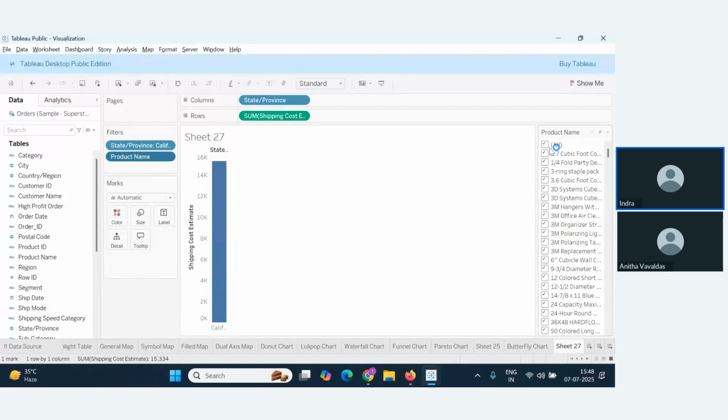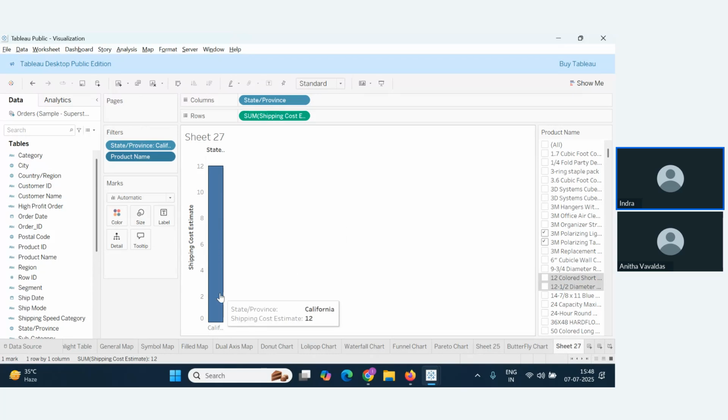So filter. Shipping cost estimate $12. For this order, you can see the shipping cost estimate is $12 because in my data set, this many quantities was defined.